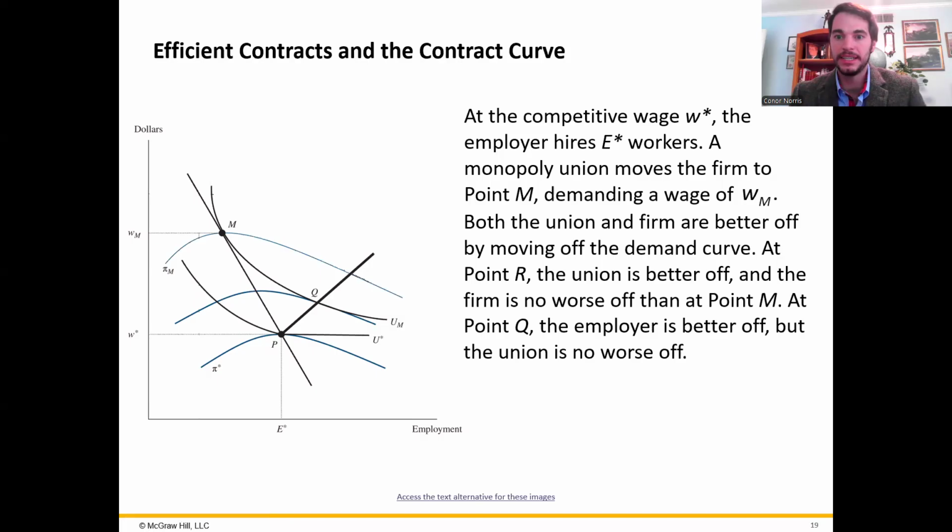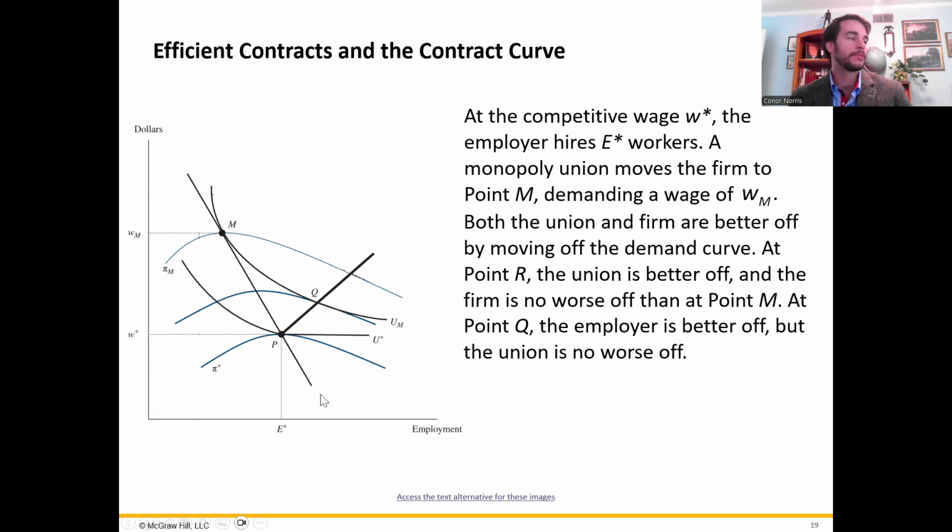So we can see that initial point, but we've added a few more indifference curves and the two isoprofit curves up there. If the union was a monopoly union, like we walked through in the earlier example, they would demand wages at point M, way up here.